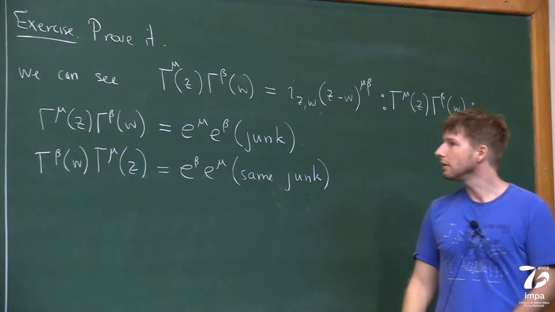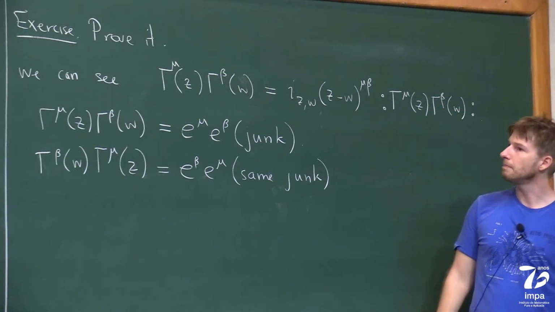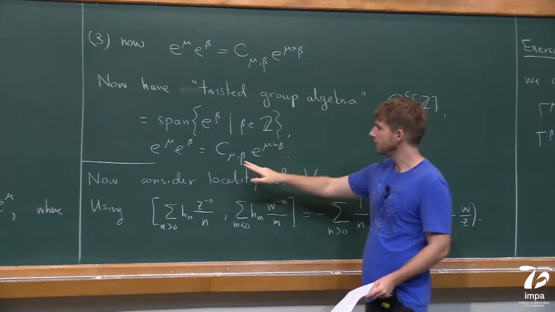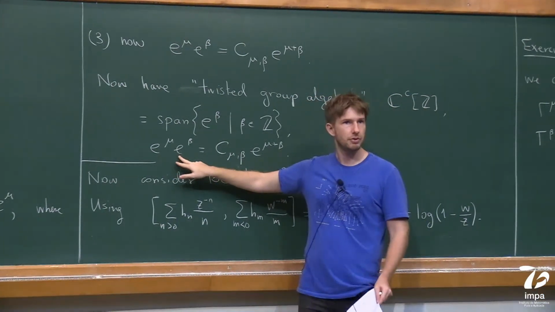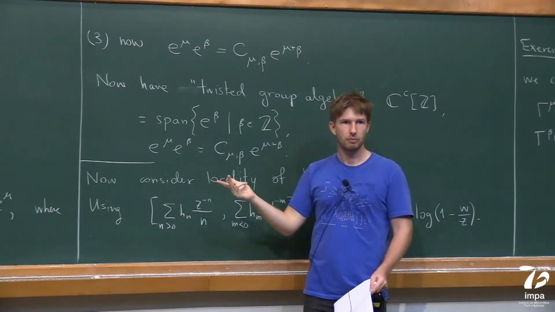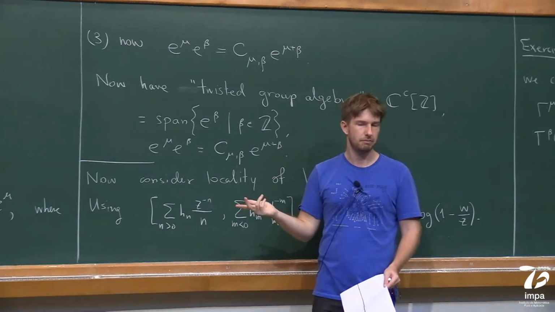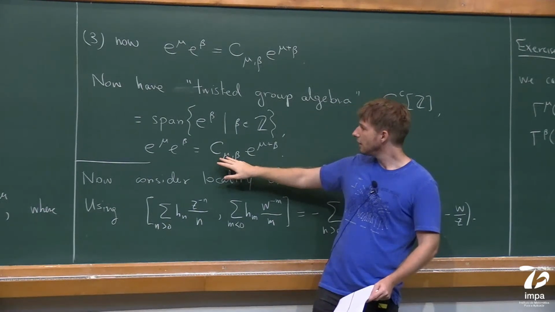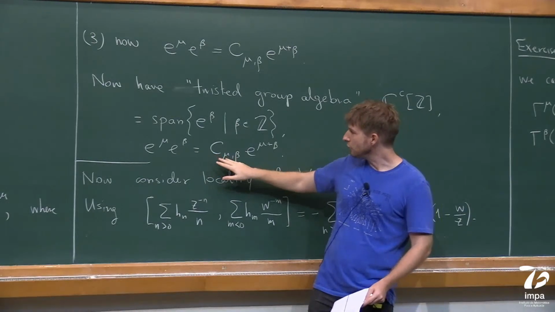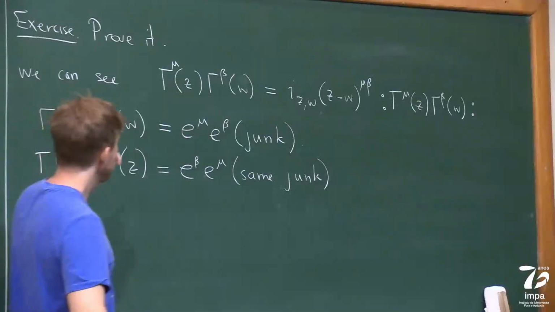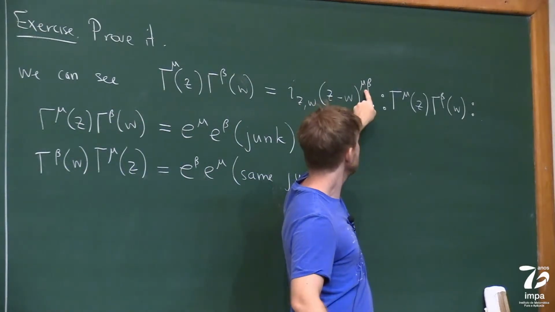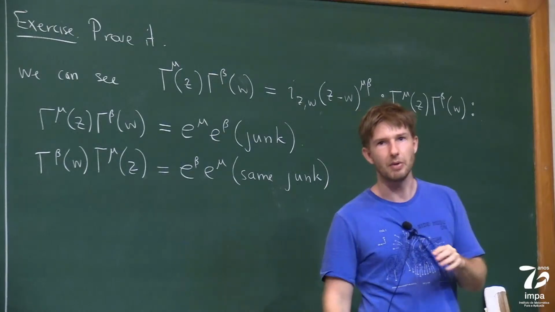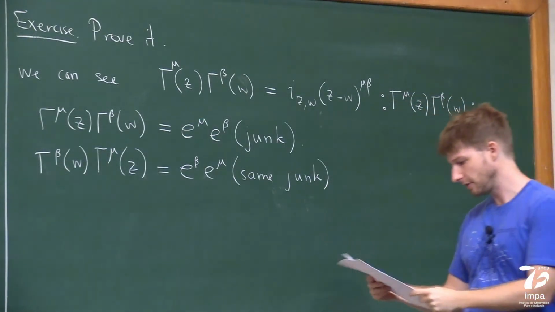So, long story short, in order to get locality, we just have to make sure that when we multiply these two terms in one order or the other, the difference is a minus sign, or in other words, that C beta mu has to be equal to C mu beta multiplied by a minus 1 that comes from this term, minus 1 to the mu beta. Okay, so anyway, we get a relation between these two coefficients.